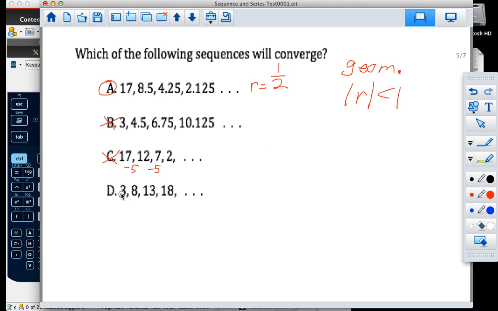And then this one again is increasing. It looks like this is also arithmetic, and this time we're just increasing by 5 each time. We're adding 5. So it's an arithmetic sequence, so that one is also not going to converge. So the only one that will converge on this one is A.